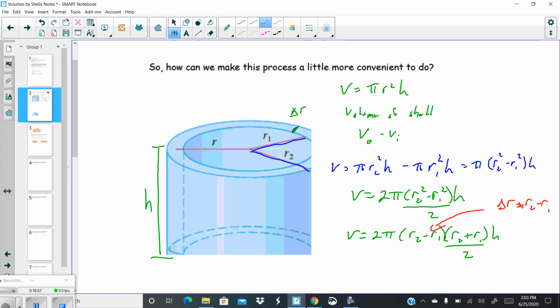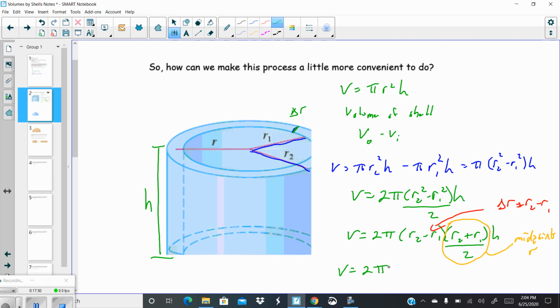So this piece right here, let's try this color. If we go with orange, this piece right here, that's just the midpoint. And as we saw from the manipulative, the midpoint gives us our radius, because as we make these infinitesimally small, that just becomes R. So really what I have for my volume after all of that is 2 pi.